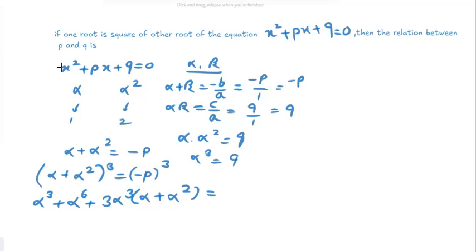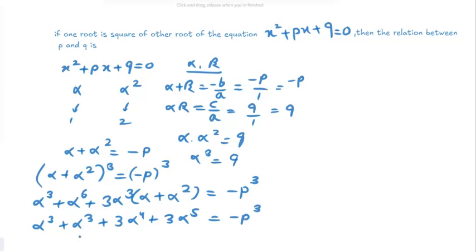It equals minus p whole cube, or you can write it as alpha cube plus alpha 6 plus 3 alpha 5 times... that is 3 alpha cube times alpha plus alpha square, equals minus p cube.